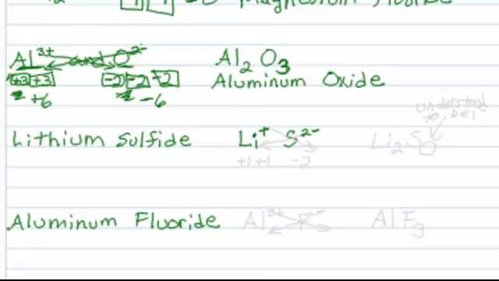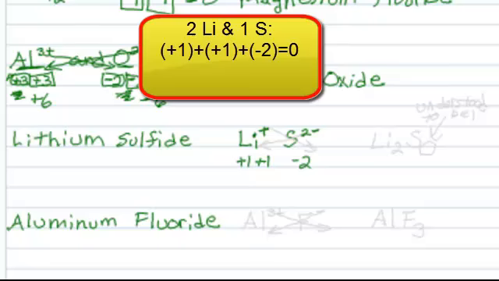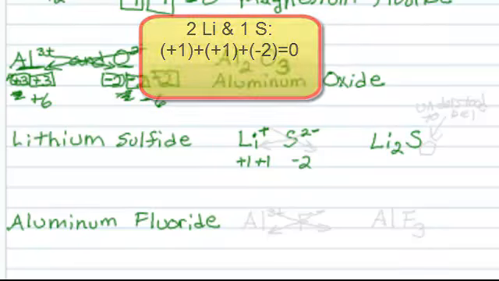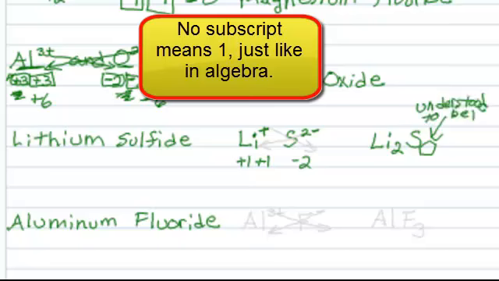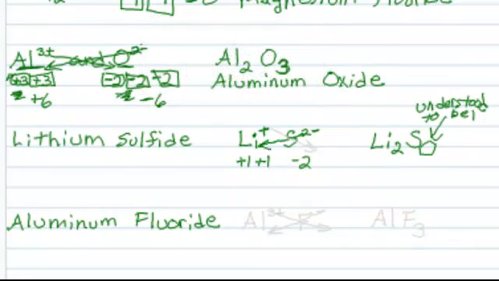So in order to balance out the charges, you need 2 plus 1s to balance out that minus 2. So your formula is Li2S. And this would be a 1, but nothing goes there because it's just understood to be 1. So once again, if you had just brought the 2 over here and the 1 over here, you get the same formula.